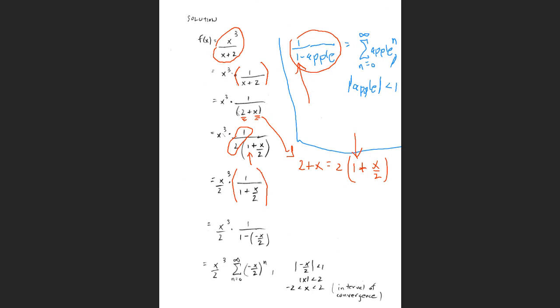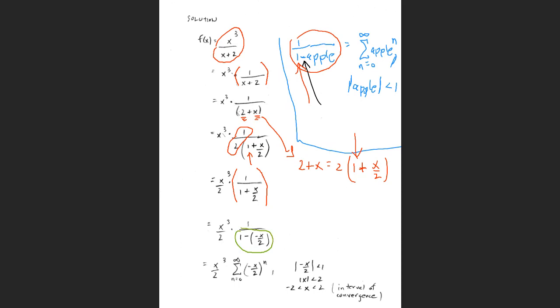The only thing left is I want a minus, because the apple formula has a minus there. So 1 plus x over 2 can be expressed as 1 minus negative x over 2.